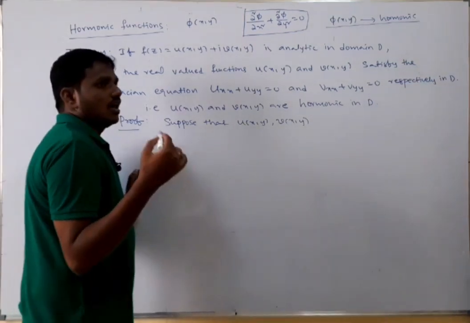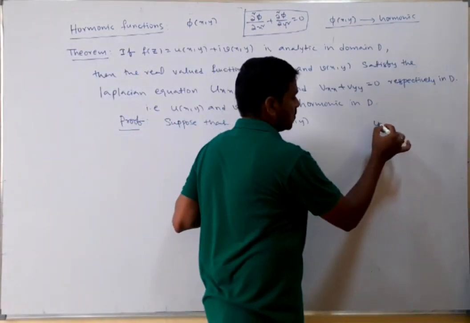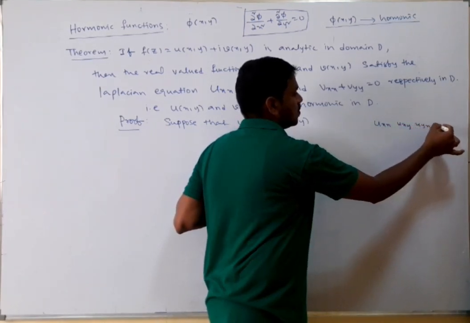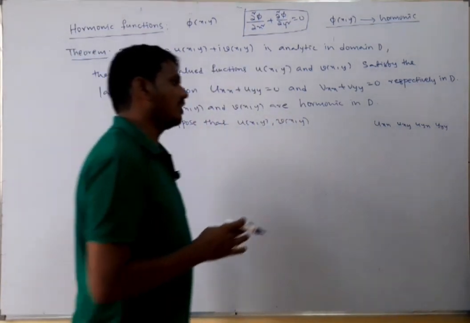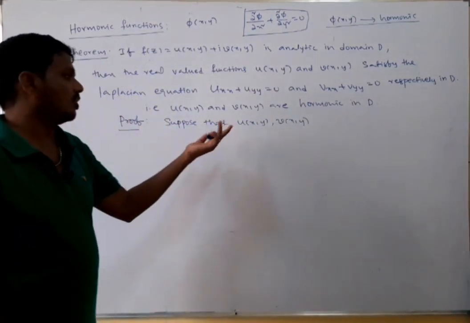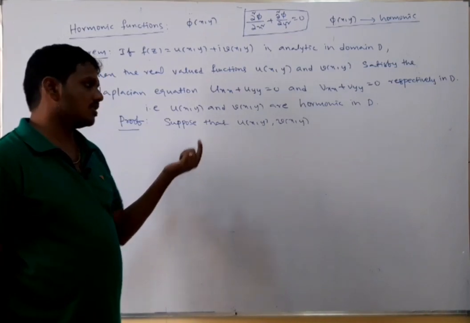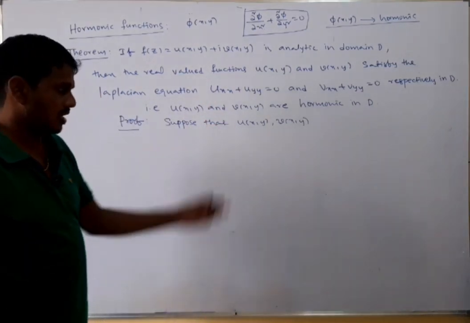That means second order partial derivatives uxx, uxy, uyx, uyy exist. Similarly vxx, vyy, vxy, vyx exist. See the statement. Suppose that I am going to consider u(x,y), v(x,y), two functions of two variables x and y, independent variables, and having second order partial derivatives.